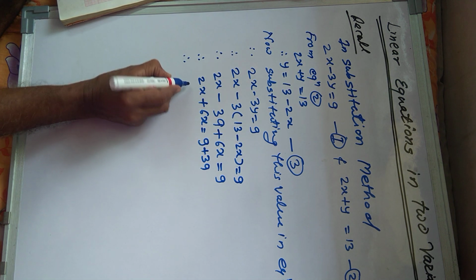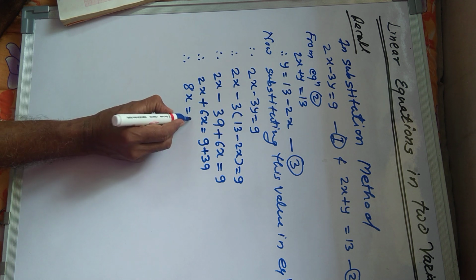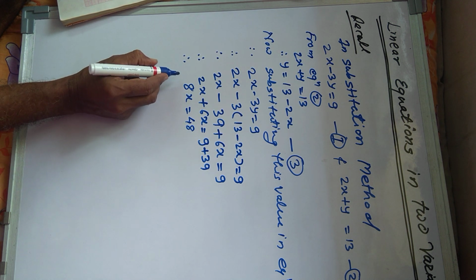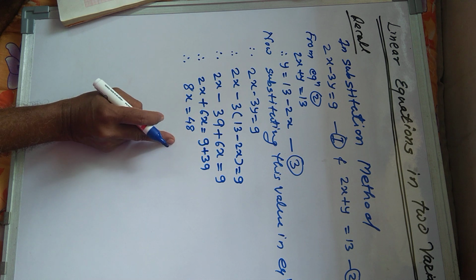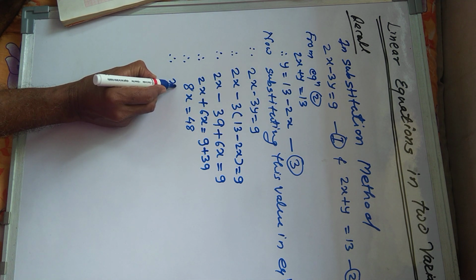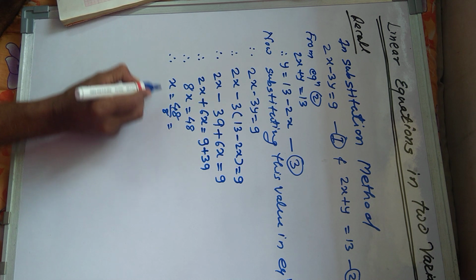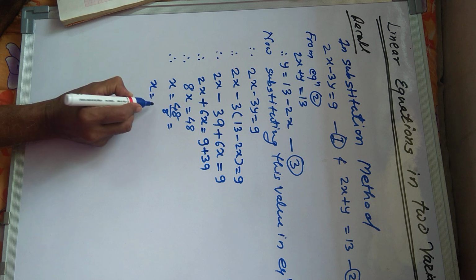Therefore 2x plus 6x, which is 8x, is equal to 48. Dividing by 8, we get x is equal to 48 upon 8. That means x is equal to 6.